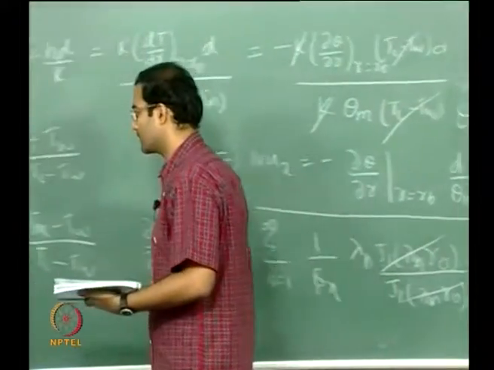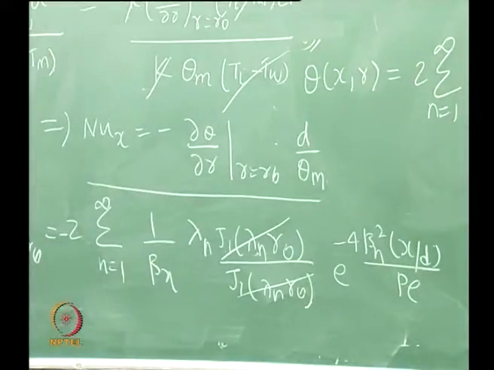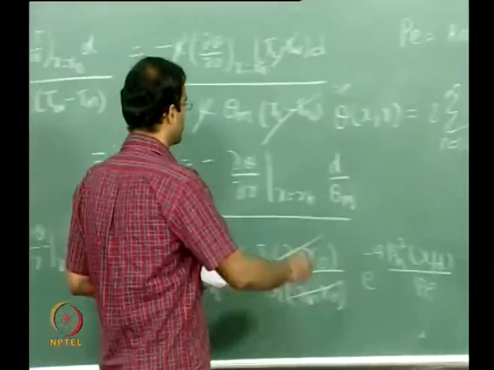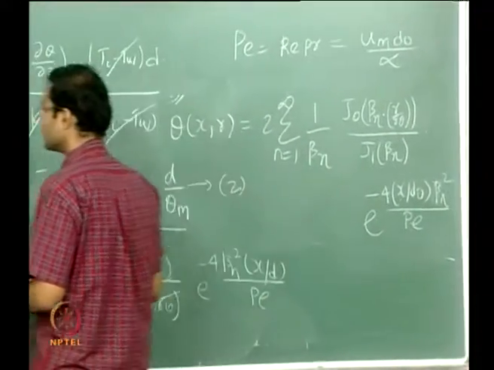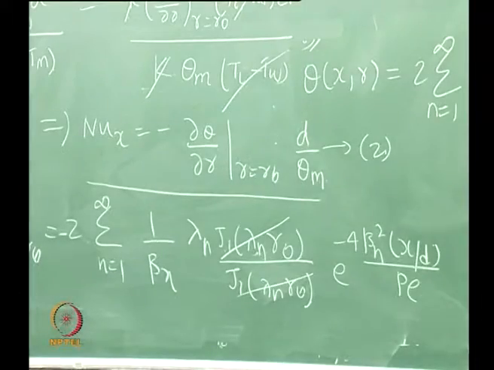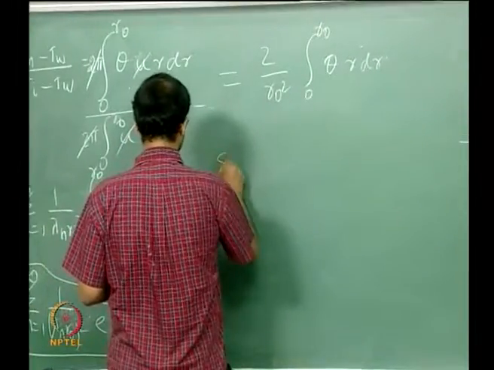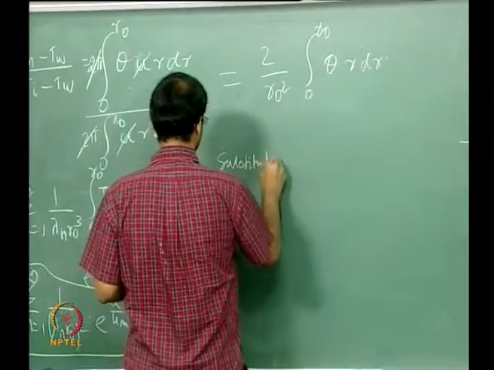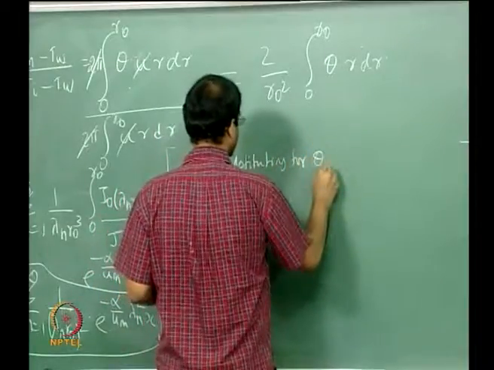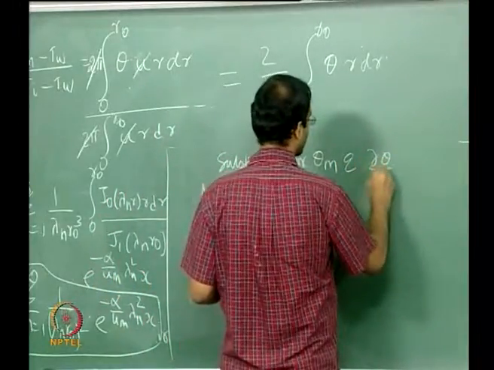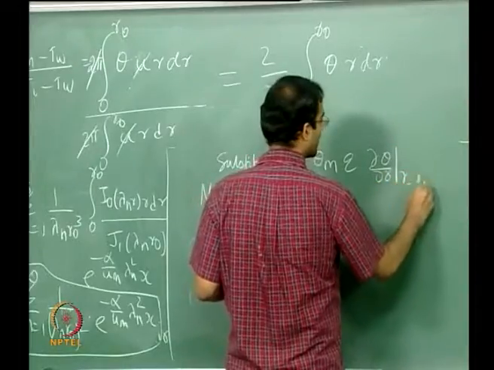If you substitute your derivative as well as your mean temperature into this expression, let me call this expression number 2, this will give me the Nusselt number, substituting for theta m and d theta by dr at r equal to r naught into 2.